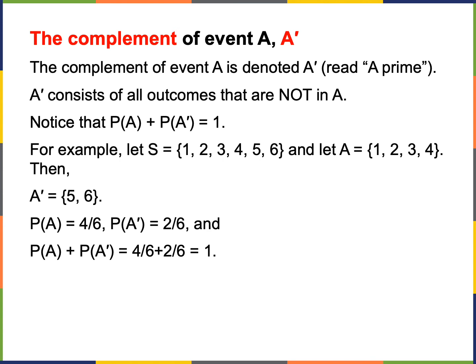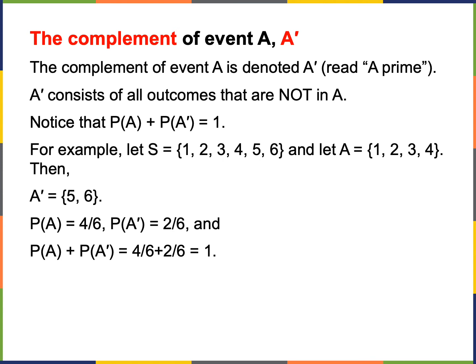It is intuitive if you really think about it, because if you have a sample space of all these outcomes, and a subset of these outcomes is A or B or what have you, then everything else that's not in that is considered its complement. So of course, if you add them together, you get the entire sample space, which is always going to occur 1 out of 1 time.